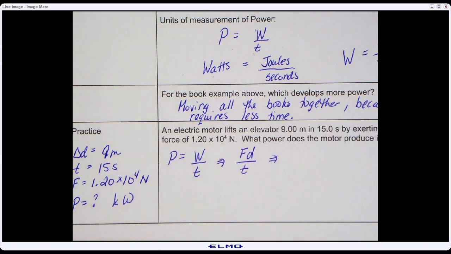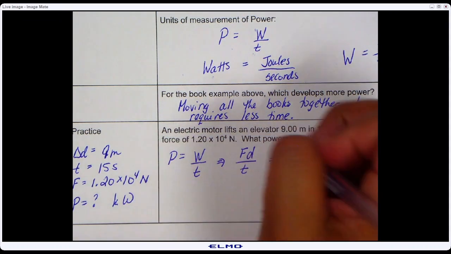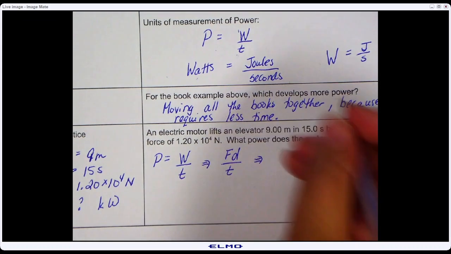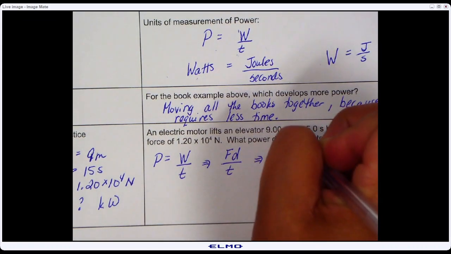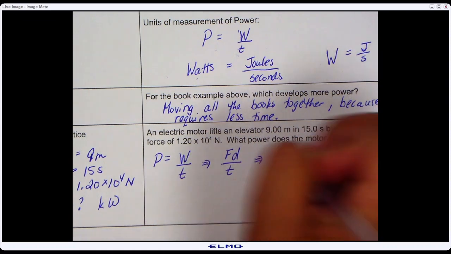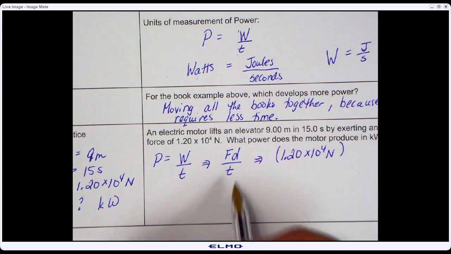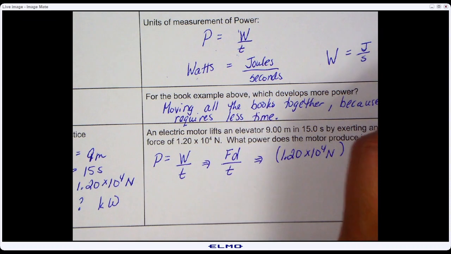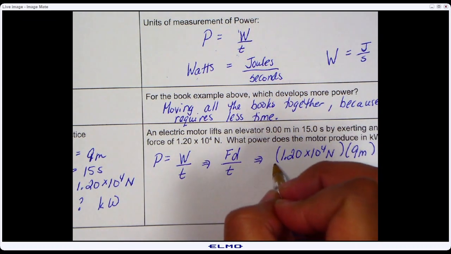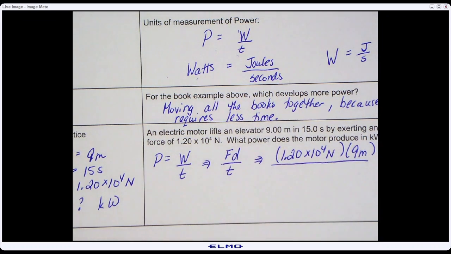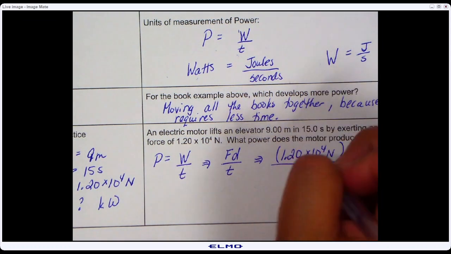So we have force times your distance, 9 meters, divided by 15 seconds.